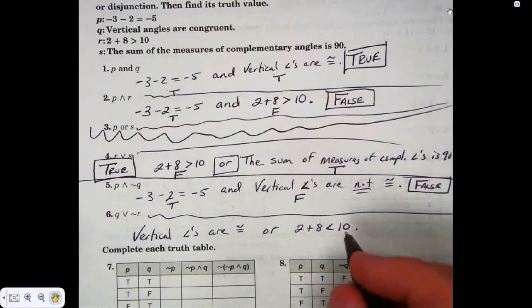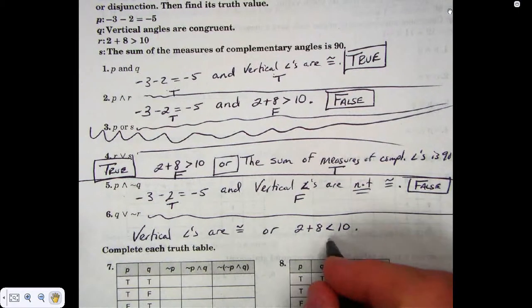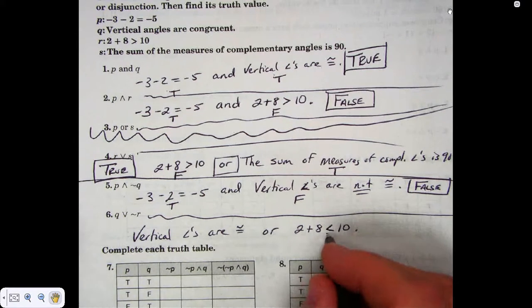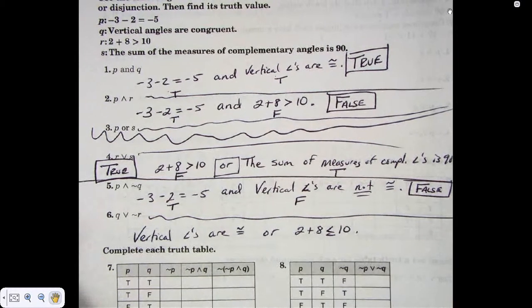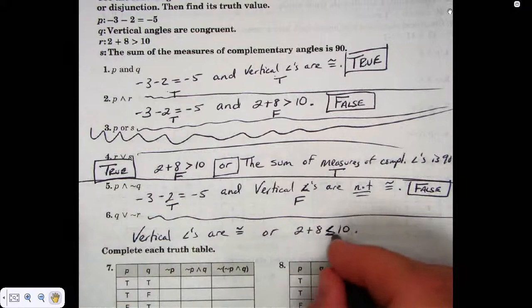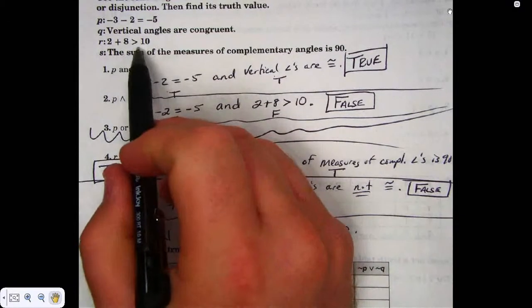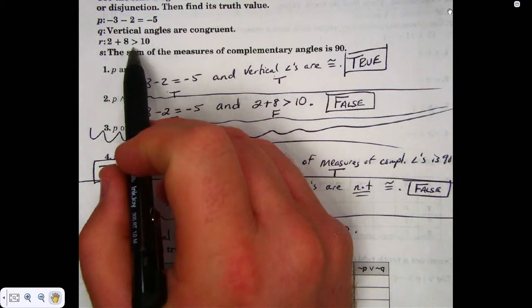Now, what would it be less than or equal to? We have to include the equal to. Here's why. We have to include everything it's not. Does that make sense?